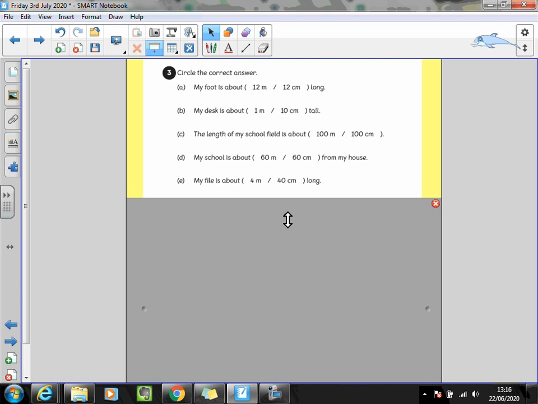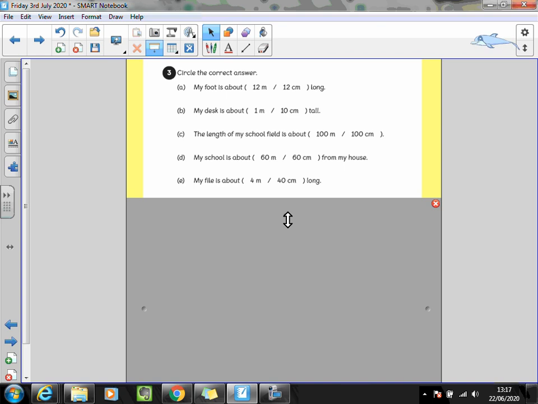Question C, the length of my school field is about 100 metres or 100 centimetres. 3D, my school is about 60 metres from my house or 60 centimetres from my house. And 3E, my file is about 4 metres long or 40 centimetres long.